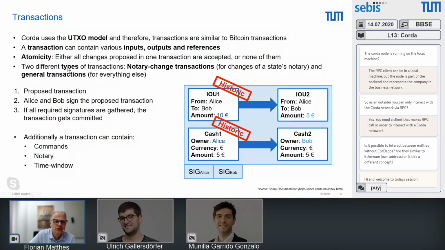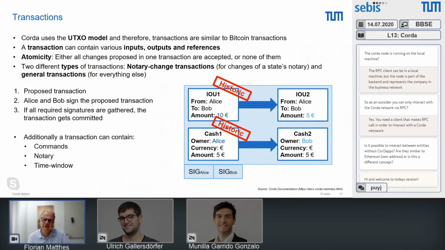And so therefore there are two different types of transactions. I think the most important ones are the so-called general transactions, which execute business logic. But then there are also notary change transactions, where the notary, which is responsible for monitoring these transactions, is changed from one notary to another notary.